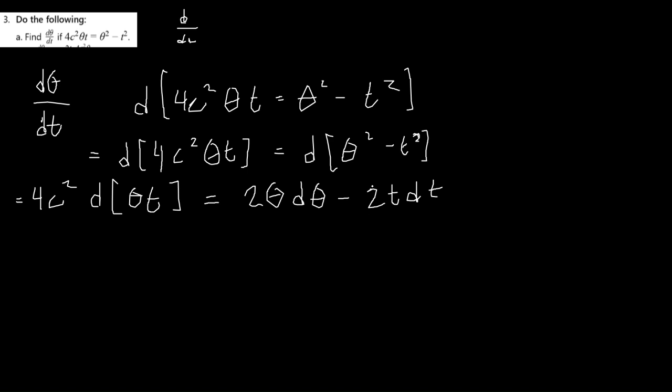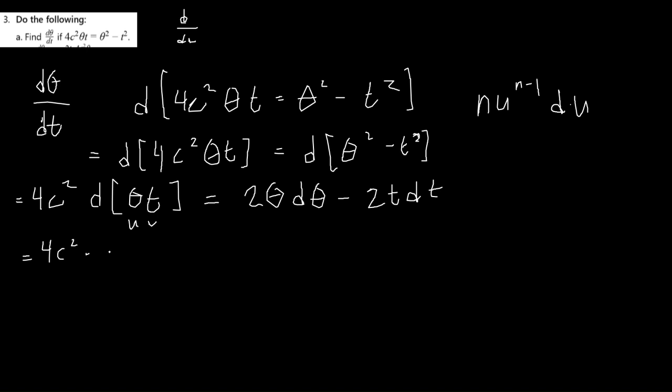Okay, you understand, because this is n u to the n minus 1 times the derivative of u. Okay, so now we will find for theta times t. So this will become 4c squared times the derivative of theta t. Let this be your u and let this be your v.